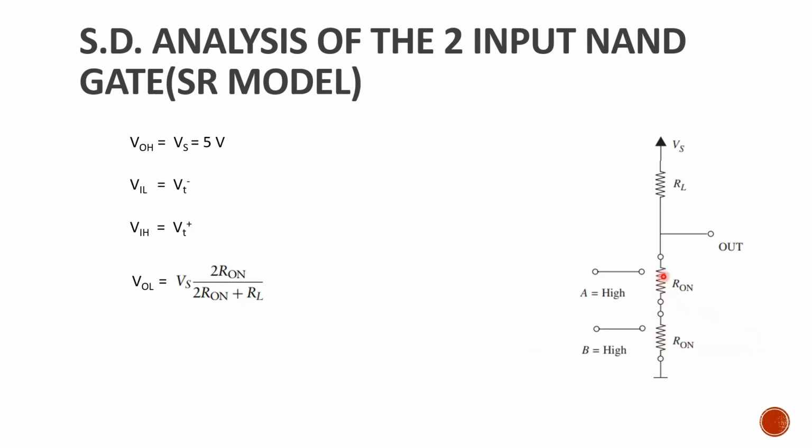So here VOL, guys, is somewhat maximum value, because two resistors are connected in series. So you will get VOL somewhat maximum. But to be frank, for better noise margin, VOL must be minimum. But because of these two resistors, VOL is an even higher value than the inverter.